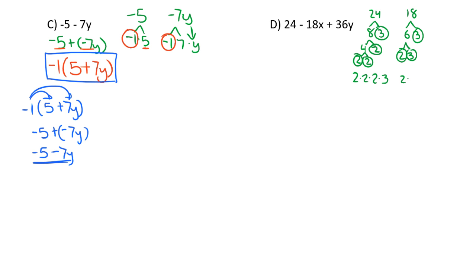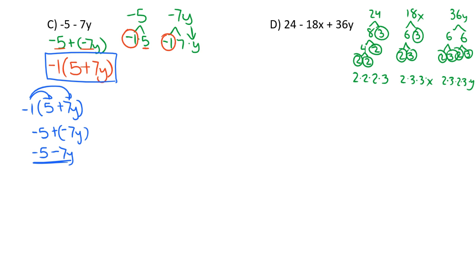So you have 2 times 3 times 3, times x. And then 36y is 6 and 6, which is 2 and 3, and 2 and 3, which is 2 times 3 times 2 times 3 times y. Just tack that y on the end.